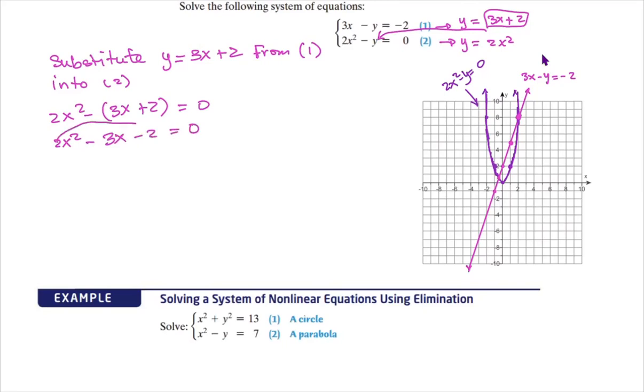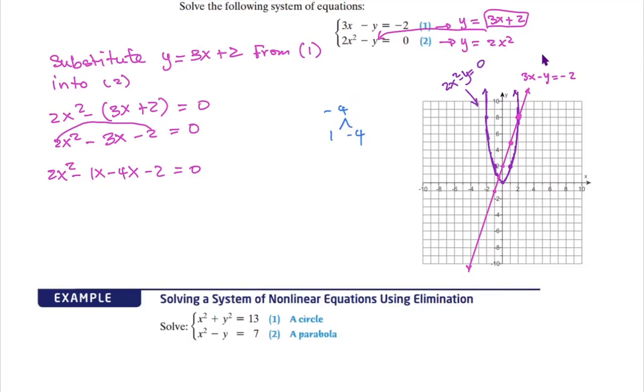If we multiply a and c, that's -4. Two numbers that multiply to give me -4 and add to give me -3, that's 1 and -4. So let me write 2x squared plus x minus 4x minus 2 equals 0. Let's factor by grouping.